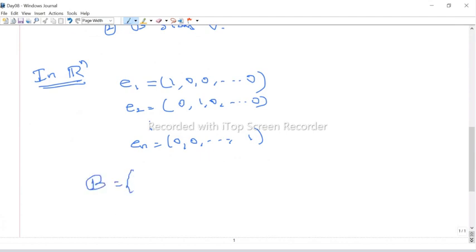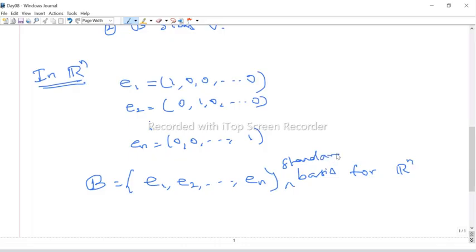We call script B, the vectors E1, E2, etc., En, a basis for Rn. This basis is called the standard basis. Every vector space has some standard basis.